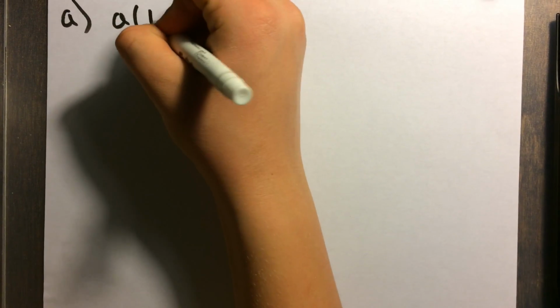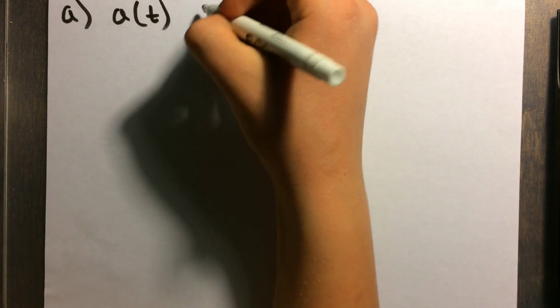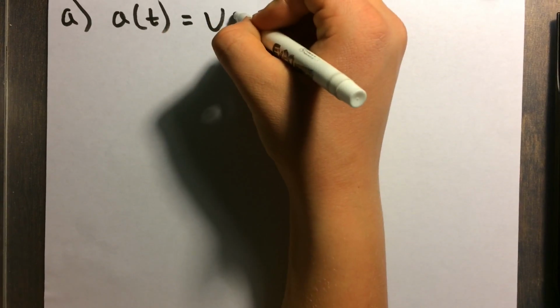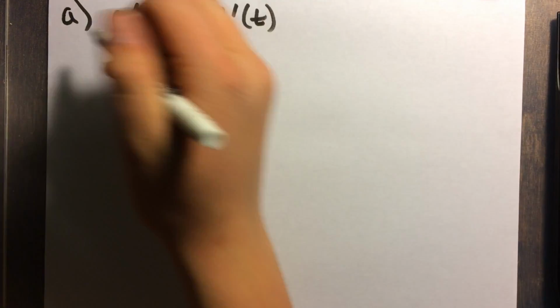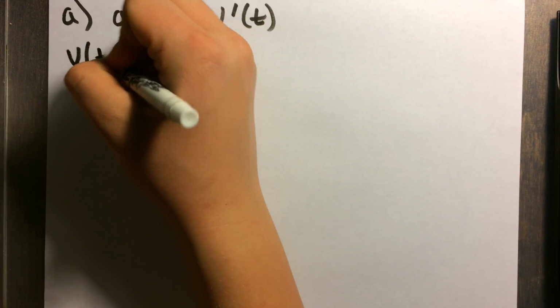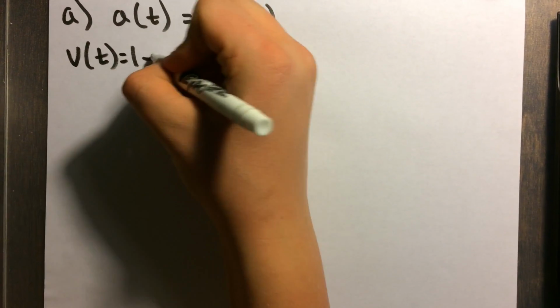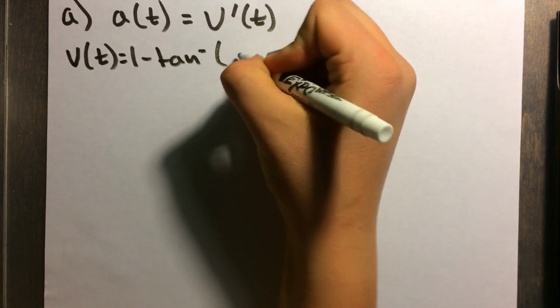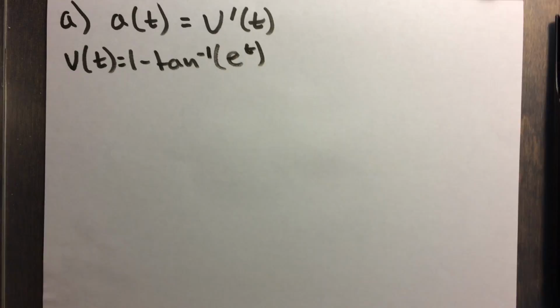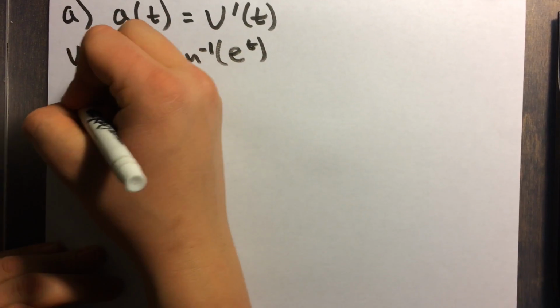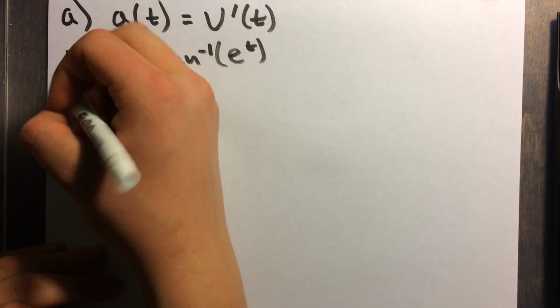Acceleration, as I explained earlier, is v prime of t, or the derivative of v. Now v being 1 minus tan inverse of e to the t, we can differentiate this function easily using the chain rule.